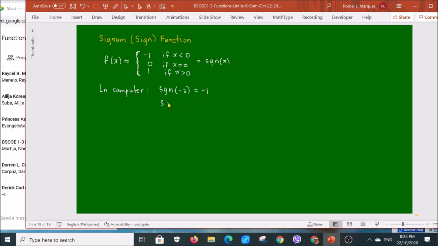When you type SGN of, let's say, 4.8, what's the answer, children? 1. What about SGN of 0.00001? Still 1. Very good.